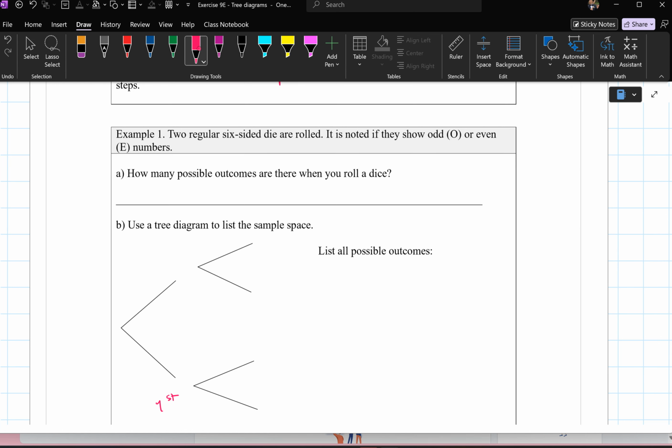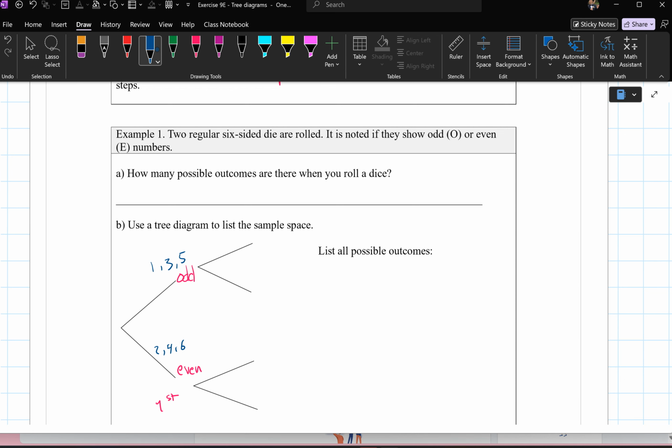Odd or even. Yes, I can get 1, 2, 3, 4, 5, 6, but remember, I only note if it is even or odd. So I only got 2 options there. You either get odd or you get even, so you can have the numbers 1, 3, 5, or you can have 2, 4, and 6.